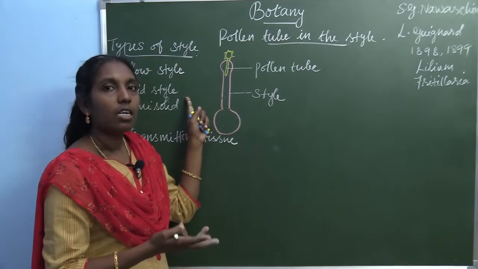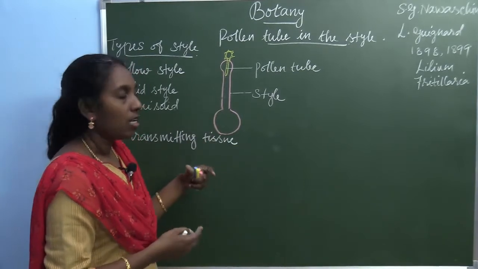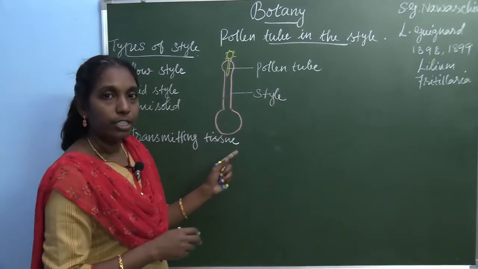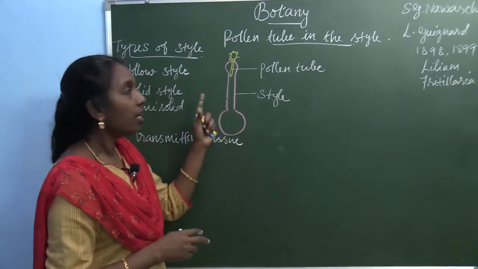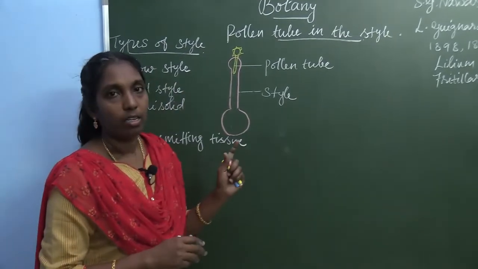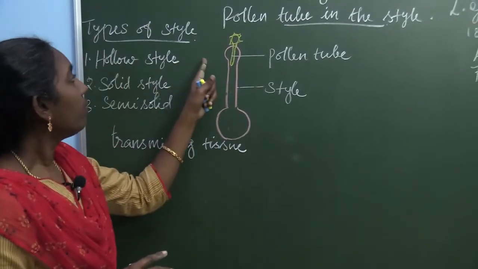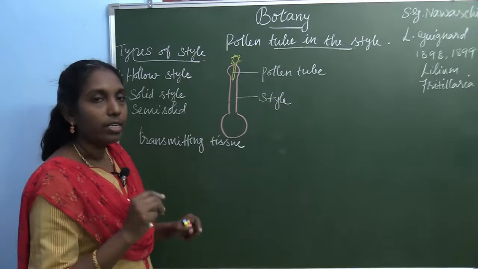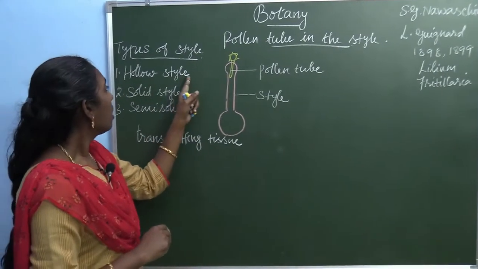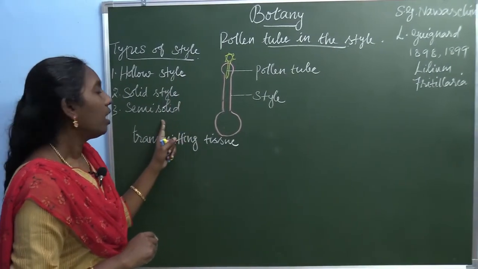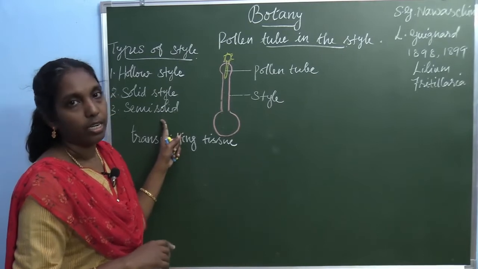But some other authors suggest the transmitting tissue is also present in the hollow style. So, the first topic you have learned is types of style. There are three different types of style observed: hollow type, solid and semi-solid.